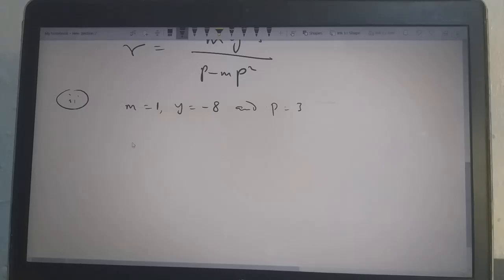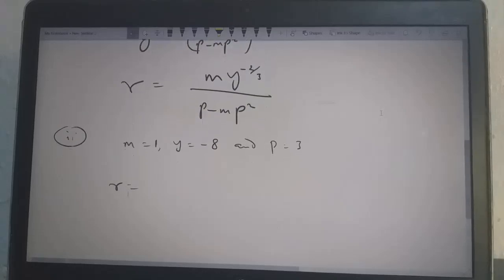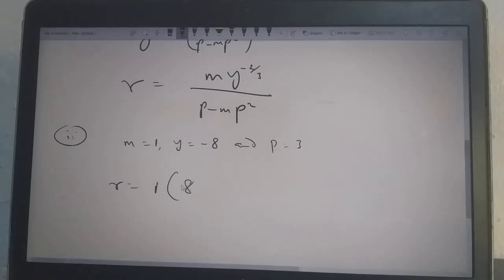We shall have r equals, looking at the formula again, the formula says my, so we are going to have 1 into bracket -8 raised to the power -2 over 3, all over 3 minus 1 times 3 square.